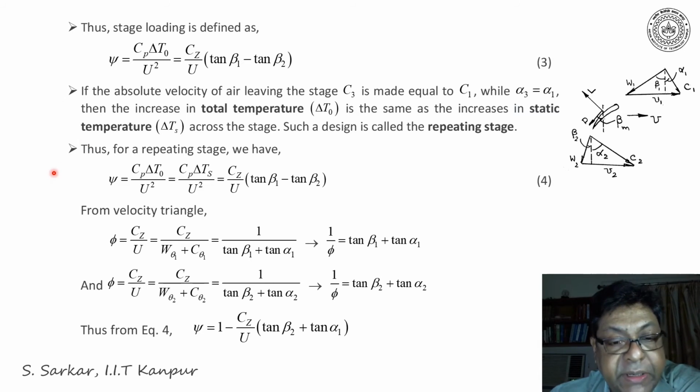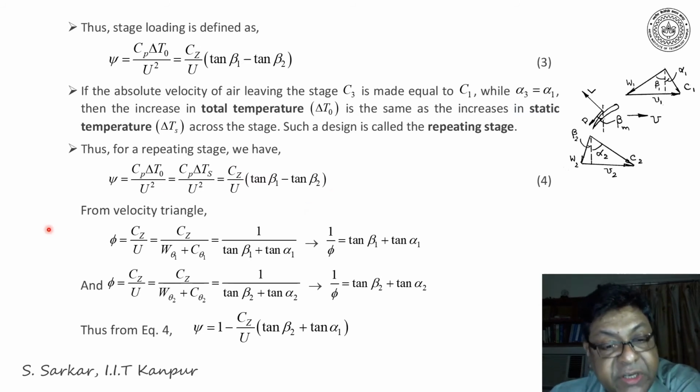Thus, for a repeating stage, I can write Xi is equal to Cp into del T0 divided by U square is equal to Cp into del Ts by U square. That is equal to Cz by U, which is equal to phi, the flow coefficient, into tan beta 1 minus tan beta 2.